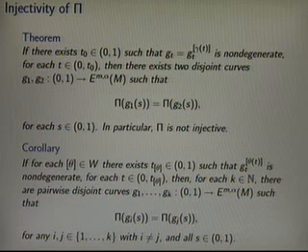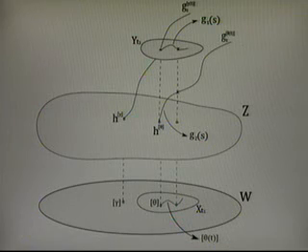So in particular, the boundary map is not injective. And the proof is actually very simple. Once you do it for 1, you can do it for k. So the corollary here is just the same result, but for k curves.